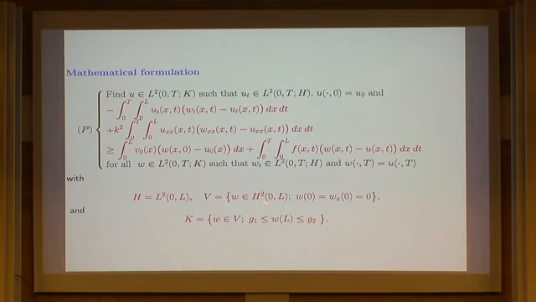And so if we consider furthermore the boundary conditions at x equal to 0, we can define the functional space V in which we will look for the solutions. We denote by H the functional space L2. And we have introduced here a convex subset K of V, which corresponds to the functions of V which satisfy the unilateral conditions at x equal to L.